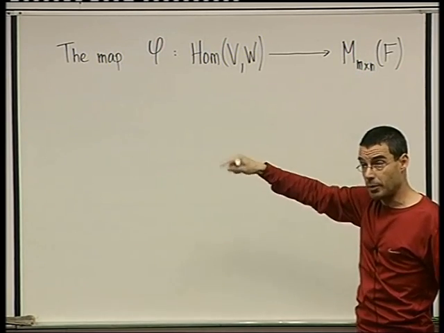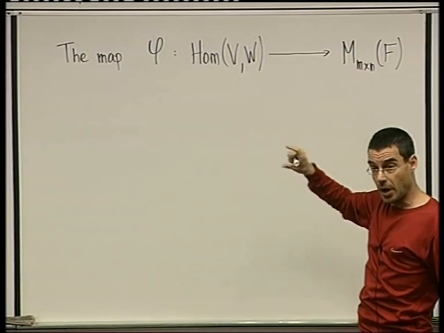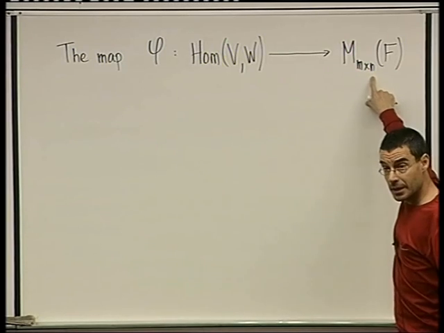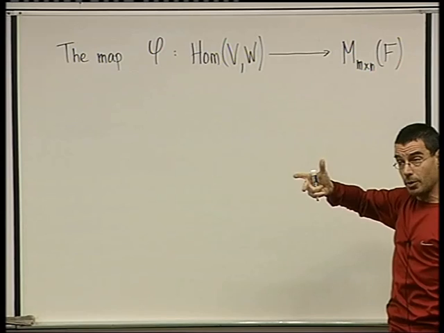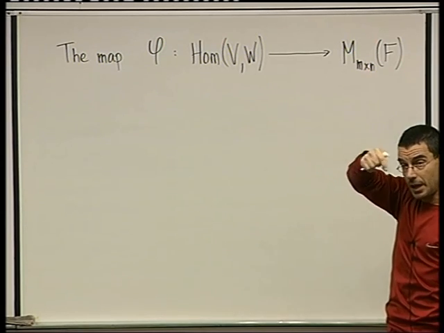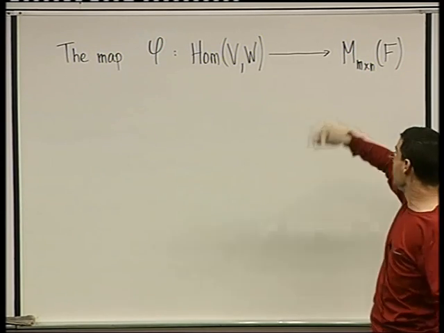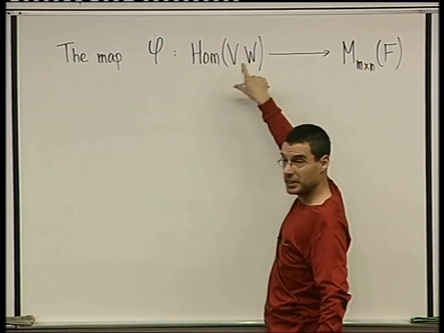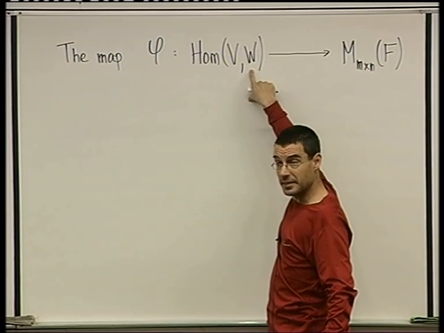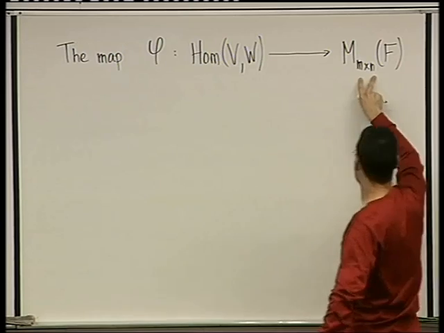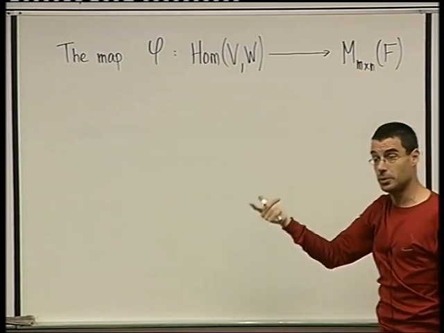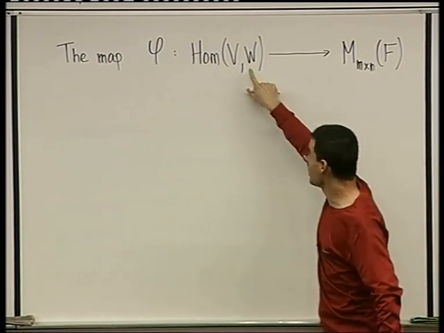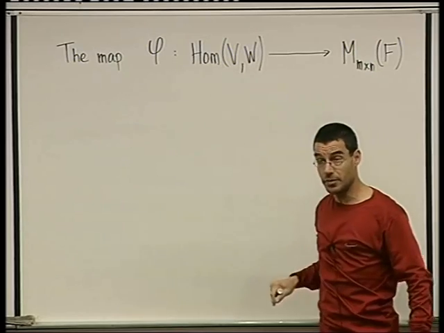The representing matrices are m by n. The way we get them is we transpose, writing T of elements of V as linear combinations of basis elements of W. So it's not n by m, but rather m by n because we transpose. m is the dimension of W and n is the dimension of V.